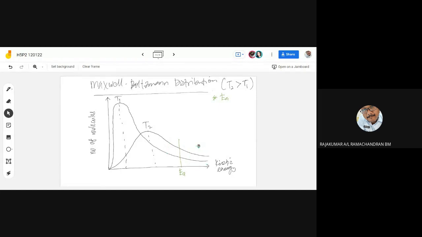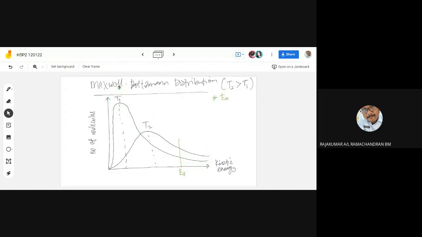And it depends on how much product can be formed at T2 and at T1. Berapa banyak reaktan yang dapat melepasi EA ini untuk jadi produk bergantung kepada faktor temperature.